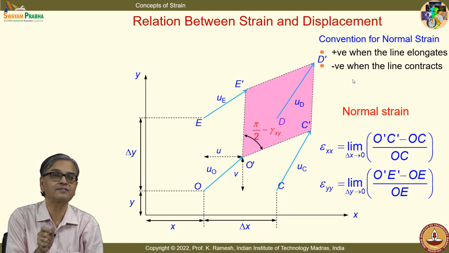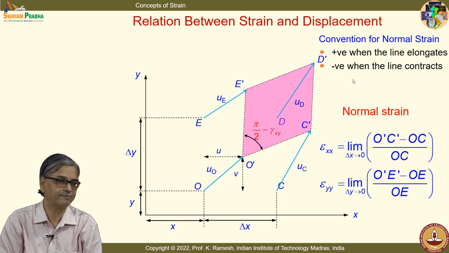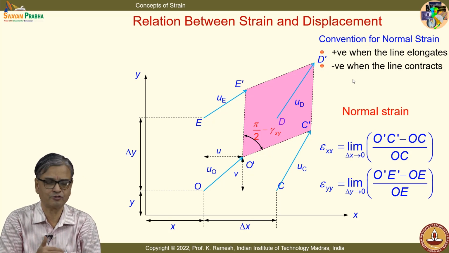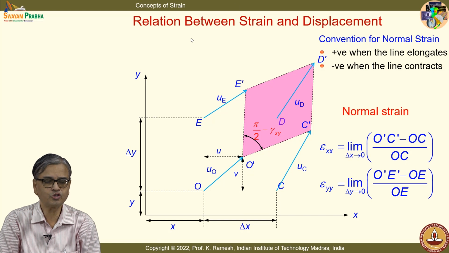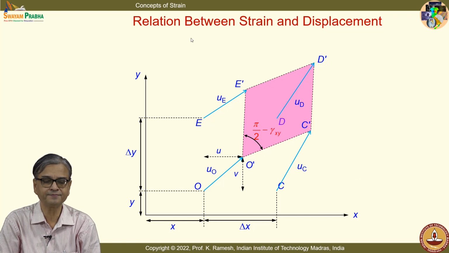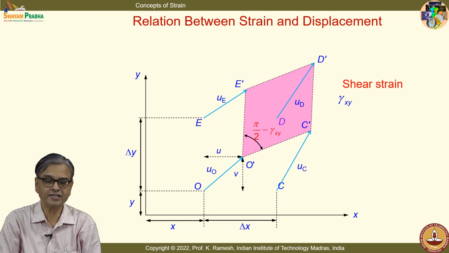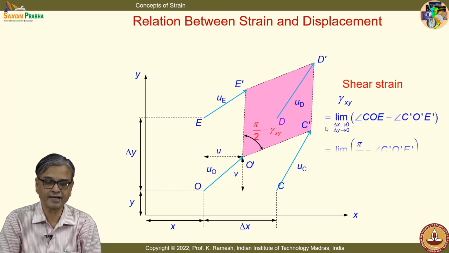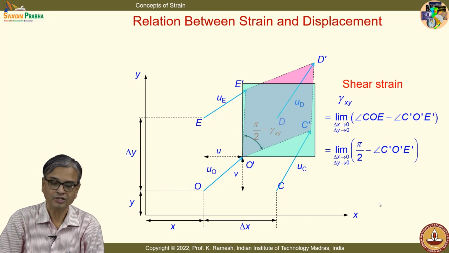When it contracts, we call it negative strain, very similar to calling tension and compression. You can also define the shear strain, which is the change in the original rectangle angle. The original angle COE was initially pi by 2, and the final angle is C prime O prime E prime. This is the definition of your shear strain.